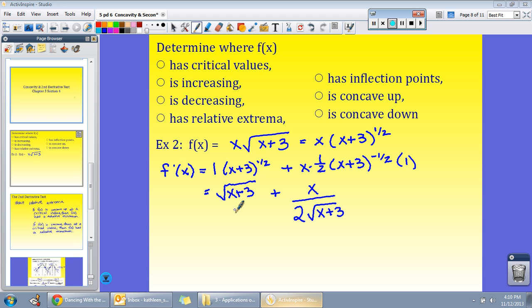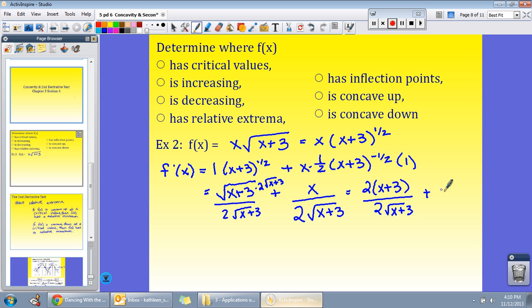Okay, now that we have our derivative like this, I'm going to get a common denominator so we can find the critical values. To get a common denominator, I'm going to multiply this piece by 2 square root of x plus 3 on the top and on the bottom. And when I do that, we're going to get 2 times x plus 3 all over 2 square root of x plus 3 plus x over 2 square root of x plus 3.